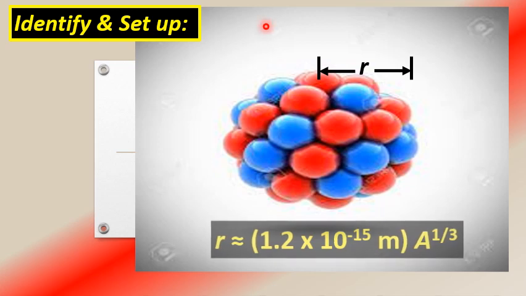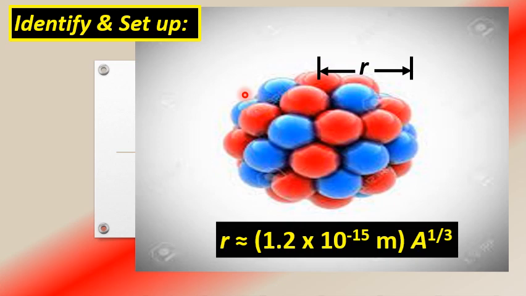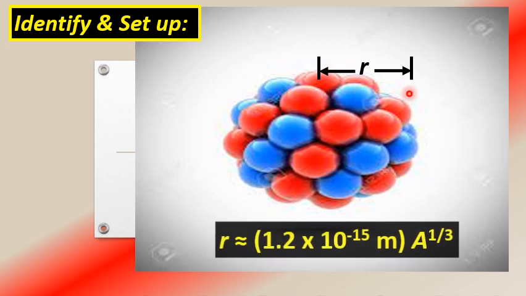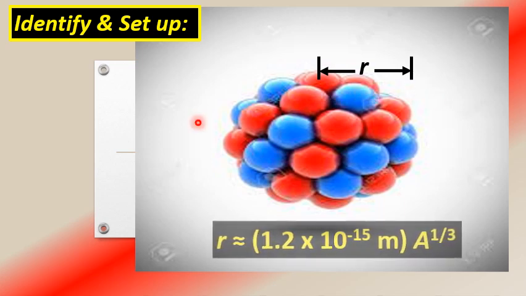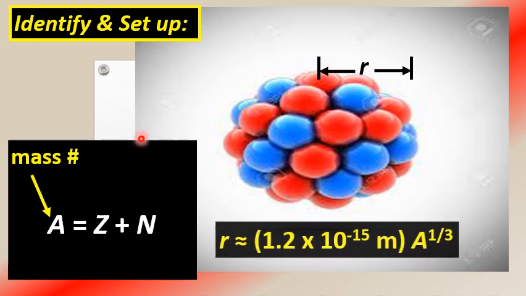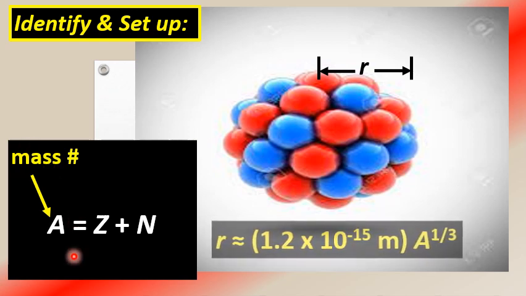This nuclear radius, small letter r, is approximately equal to the product of the cube root of capital A and a constant equal to 1.2 times 10 to the negative 15 meters, where capital A refers to the mass number of the element or an atom.